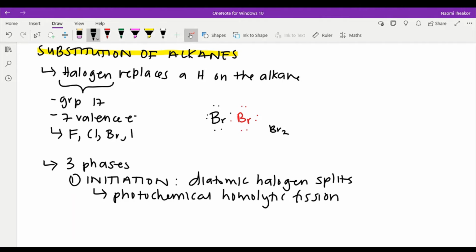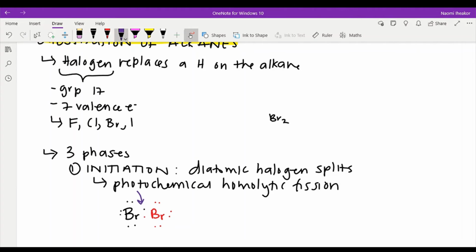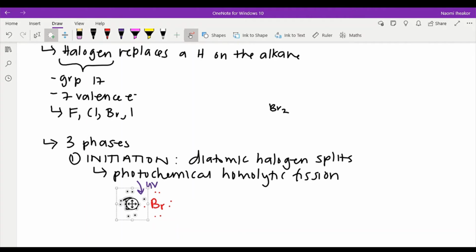And so what happens is our Br2 is zapped with ultraviolet light. As a result, our Br2 splits back into its individual Br. So this splits away and this splits away as a result of being exposed to ultraviolet light.